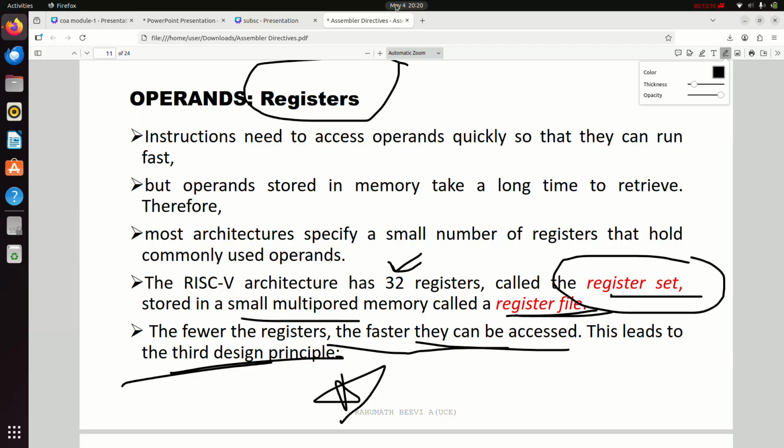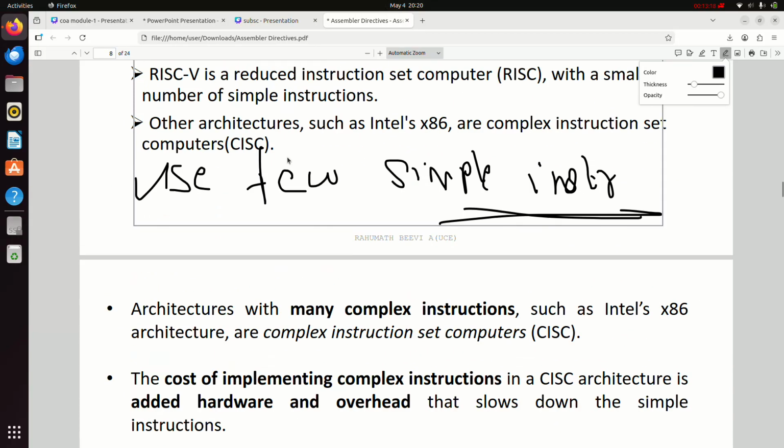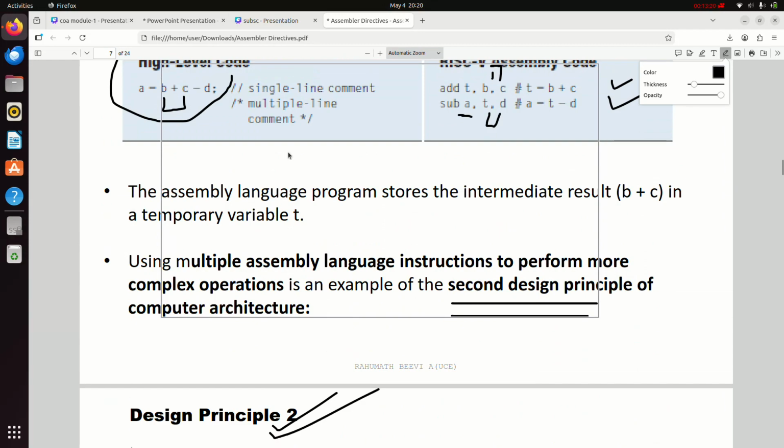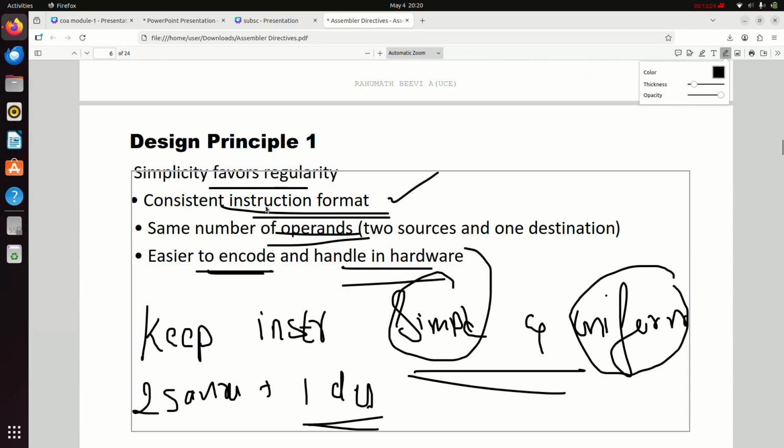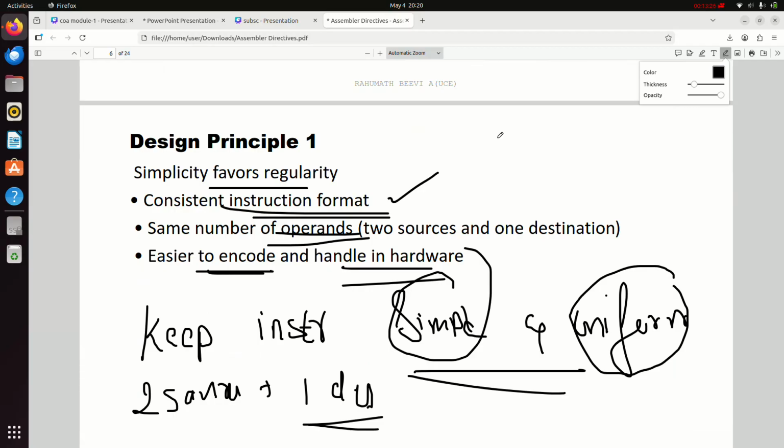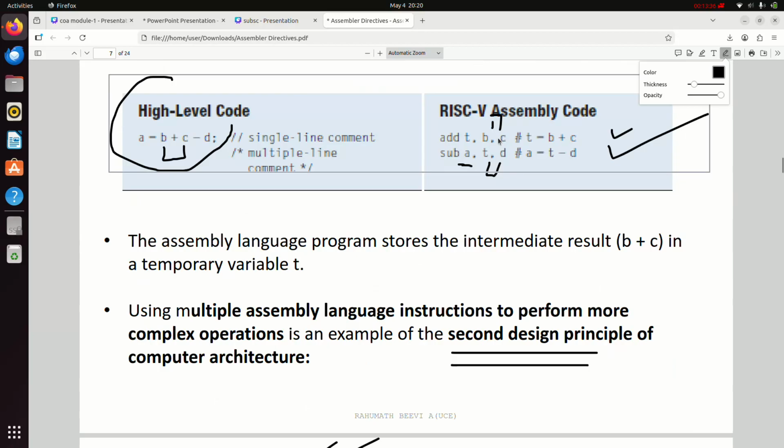So we have discussed three design principles so far. The first design principle is simplicity favors regularity. That means you have to make the design much more consistent and also simple. Keep the instructions simple and uniform, that is consistency. The instruction format should be consistent, the encoding and the handling of the hardware should be easy, and the number of operands used should be the same.